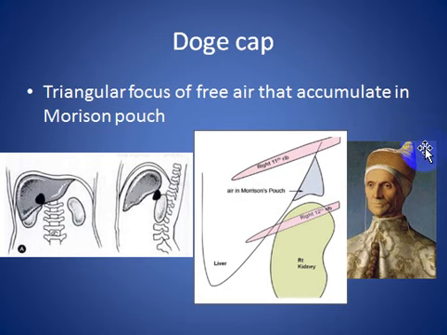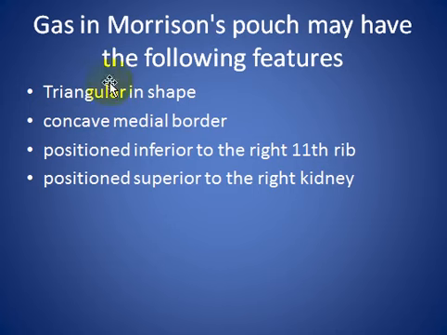This is as in this Italian dog cap, a special type of hat. Gas in the Morrison pouch is seen as triangular in shape, concave at the medial border, positioned inferior to the 11th ribs and superior to the right kidney.